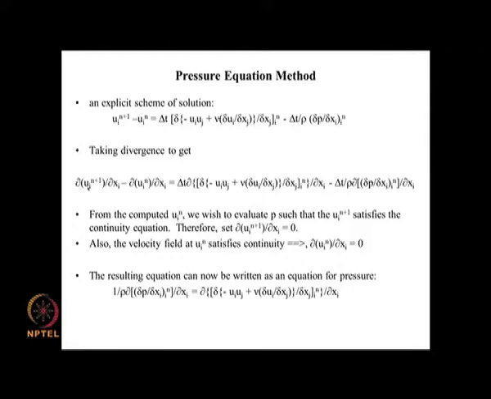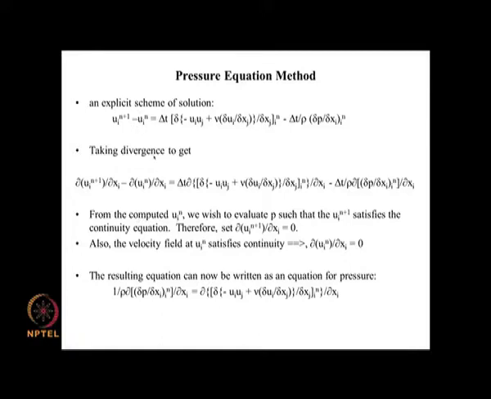Every term has the dou by dou x_i operator put on it, and delta t is a constant, so dou by dou x_i of this whole thing minus delta t divided by rho times dou by dou x_i of this particular term here. This is the modified momentum equation.